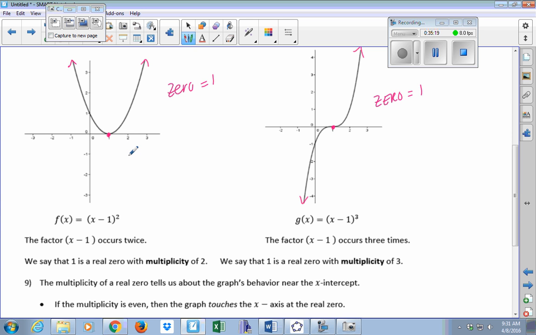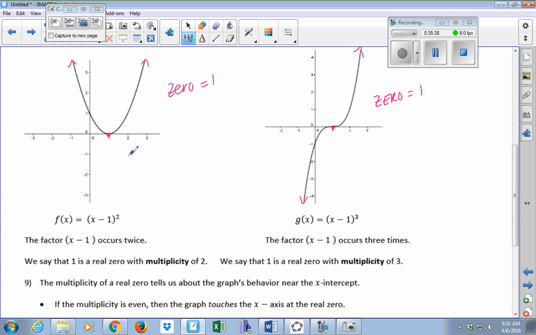Doesn't change sign. Notice this parabola is all above the x-axis, so all your outputs here are positive. Doesn't change sign. Then we say in factored form, its exponent must be an even exponent.